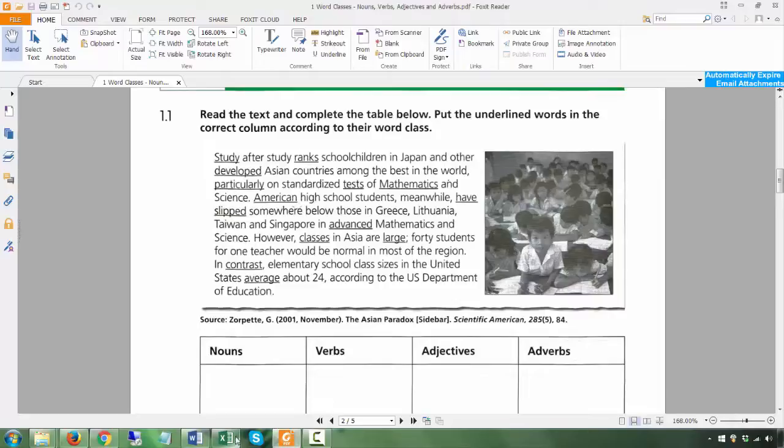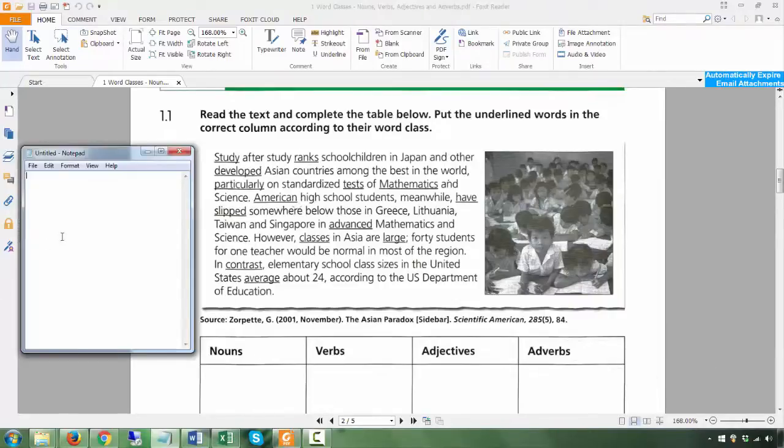School children in Japan. So let me do this. All right, so you have study, let's put the noun, verb, adjective, and adverb. Okay, so study comes under noun. Verb, rank.